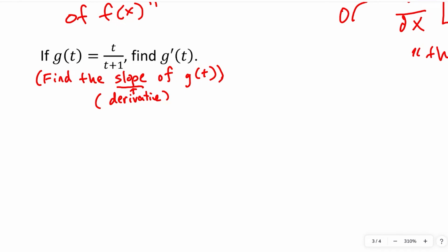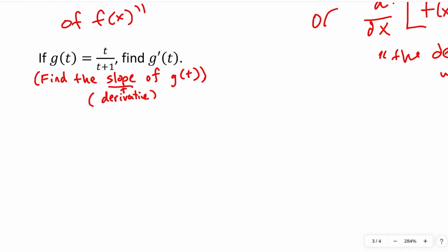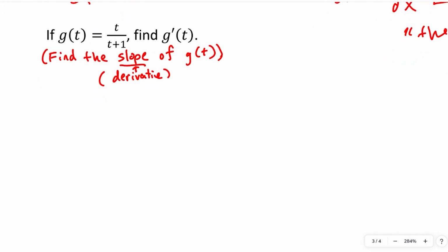So we're going to use our limit definition of slope. And just to warn you, buckle up for some wild algebra here. We're going to have to deal with some fraction action.